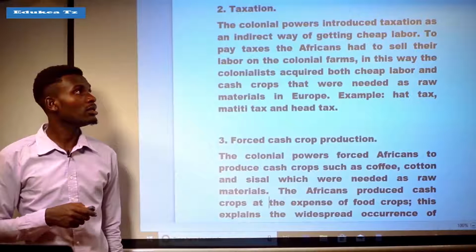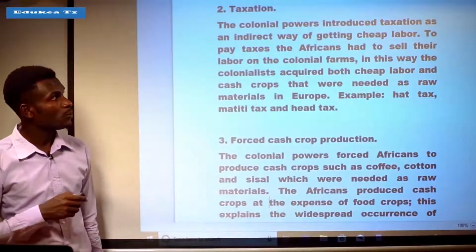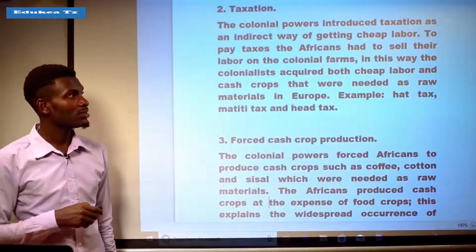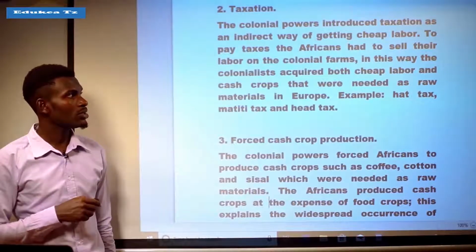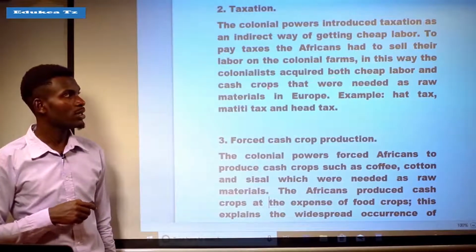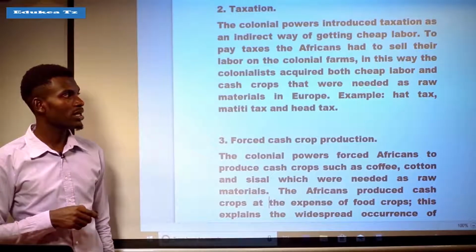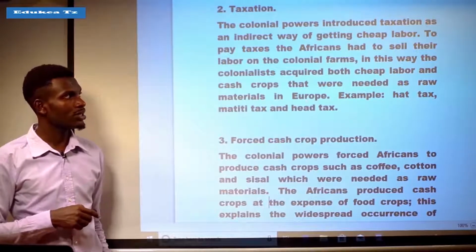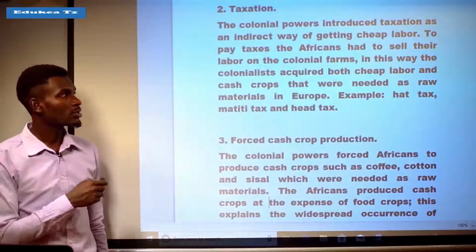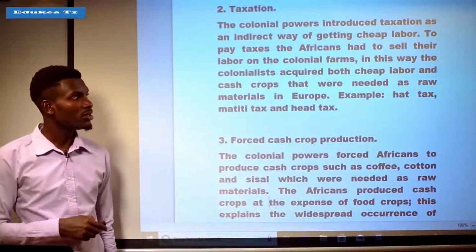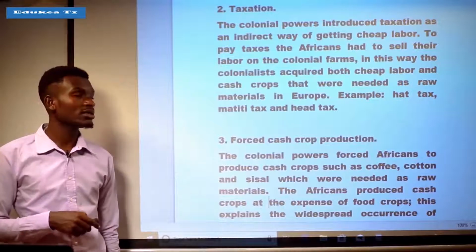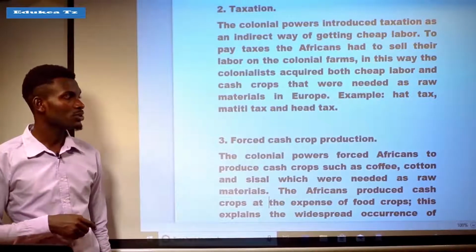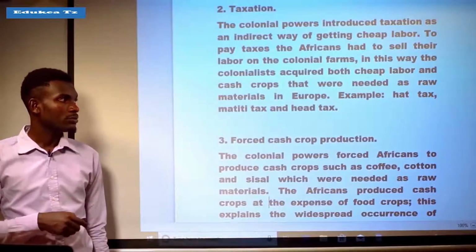To pay taxes, the Africans had to sell their labor on the colonial farms. In this way, the colonialists acquired both cheap labor and cash crops that were highly demanded in Europe.